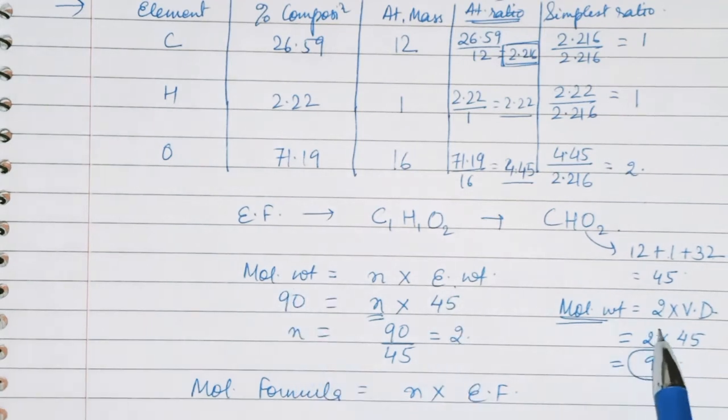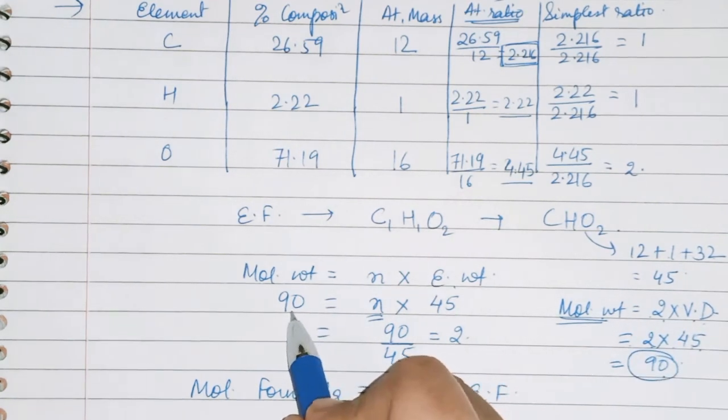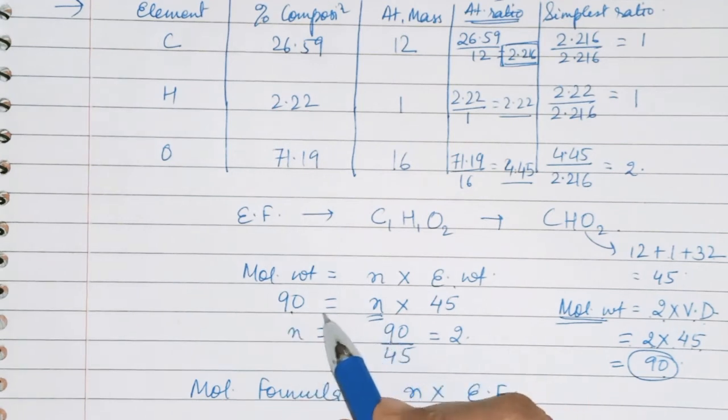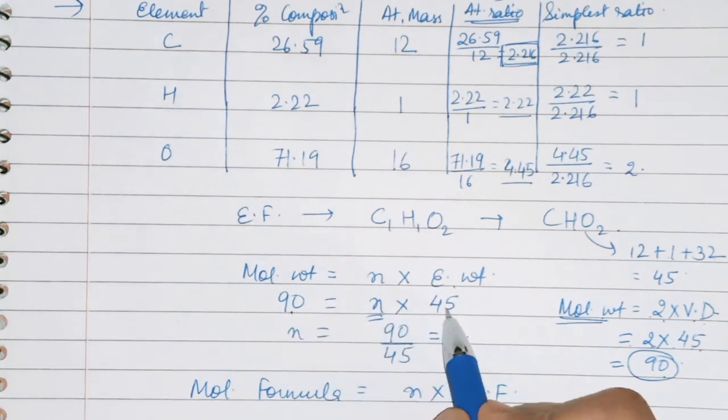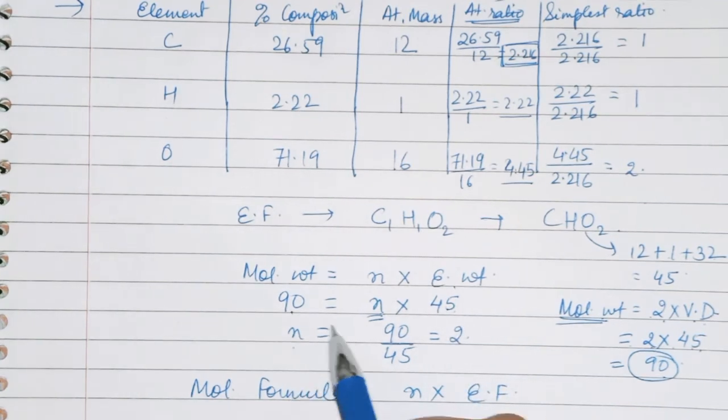Molecular weight we can calculate from this. In your question 45 is given as the value of vapor density. Molecular weight is equal to 2 into vapor density, so you will get 2 into 45, 90. So you will put the value of molecular weight over here, and n into 45 will be the empirical formula weight. The value of n you will get from here, 90 upon 45, that is 2. So the value of n is 2.